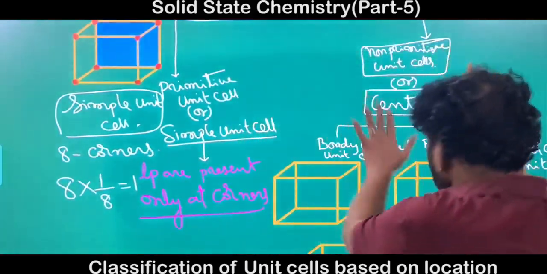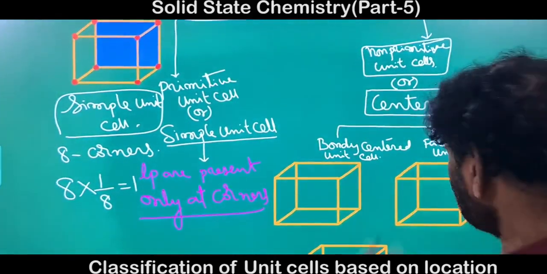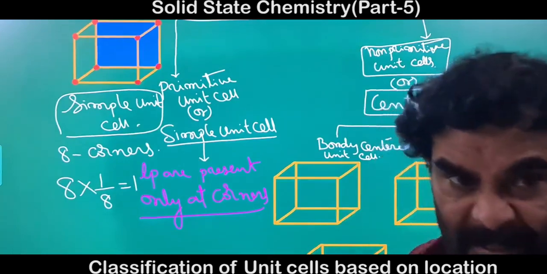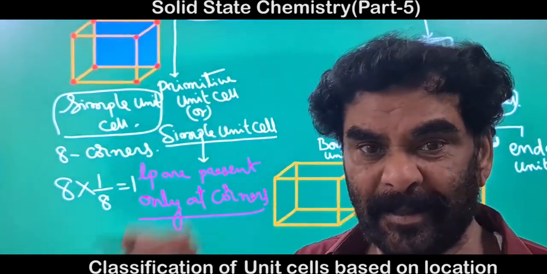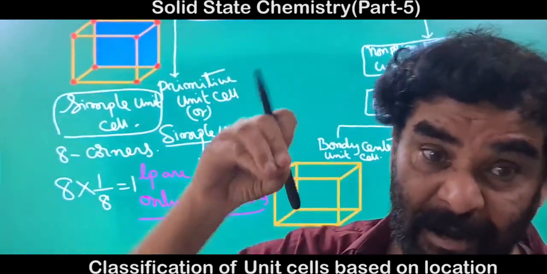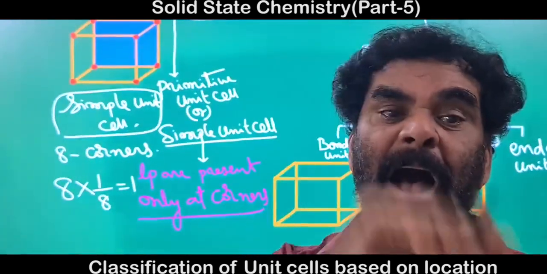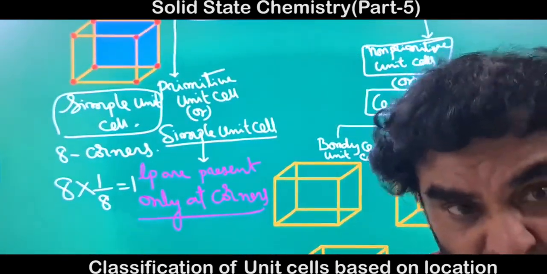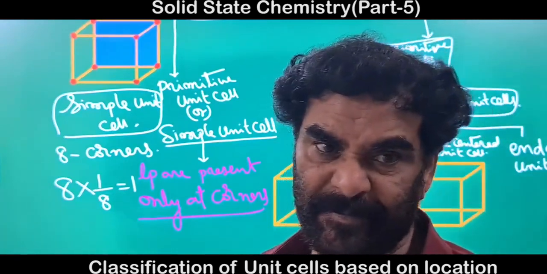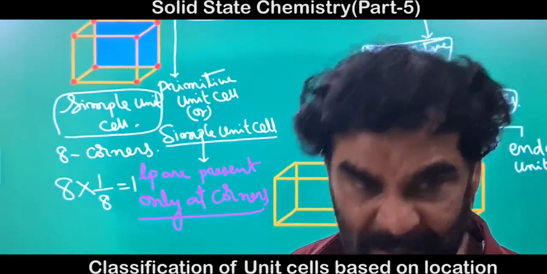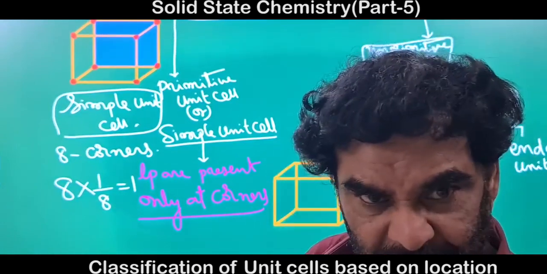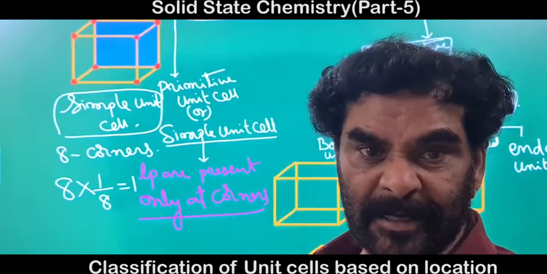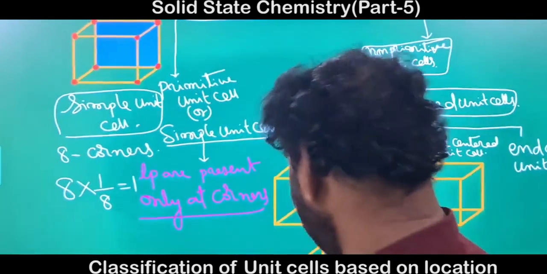In the non-primitive, also called centered unit cells, along with the corners, lattice points are also present at other specific positions, particularly the body center, face center, end center and edge center.